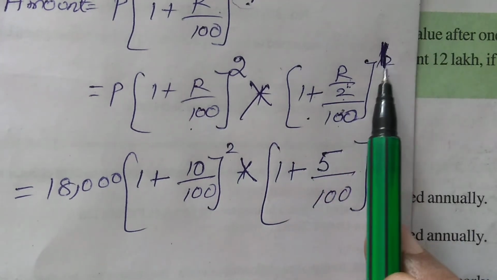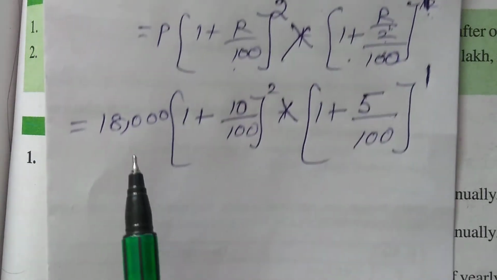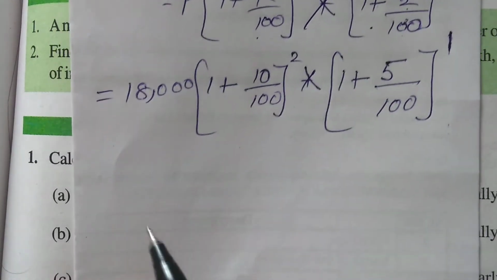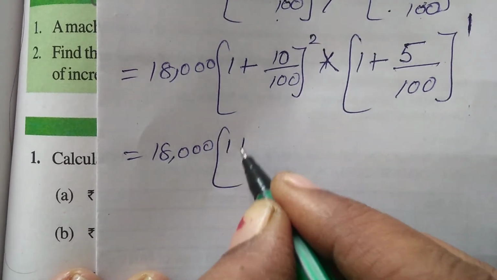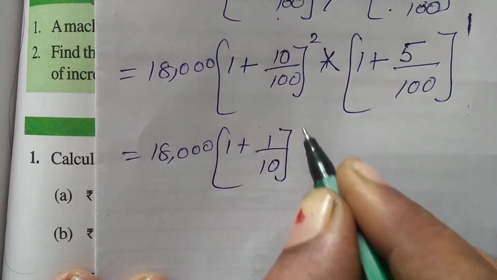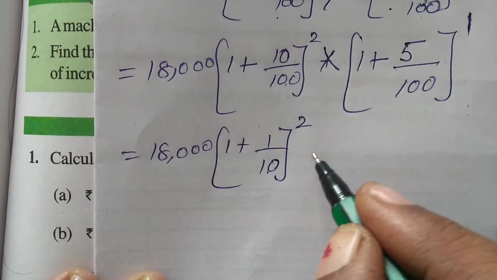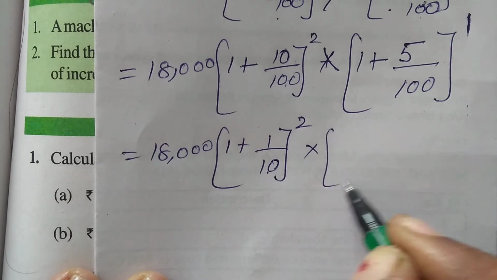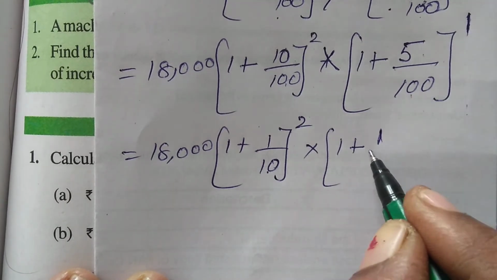Now based on the question, when we substitute, we get 18,000 into 1 plus 1 by 10 to the power of 2. 10 by 100 will become 1 by 10, since 10 goes in 100 10 times. Multiplied by 1 plus 5 by 100, and 5 by 100 will become 1 by 20 to the power of 1. 5 ones are 5, 5 twos are 10, 0.